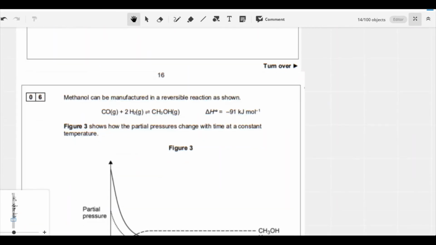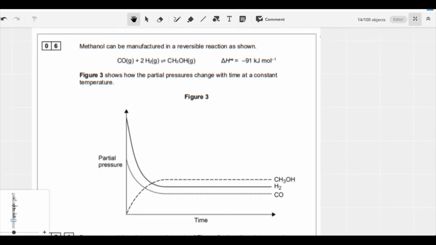Okay, now the next question is question number 3. Methanol can be manufactured in a reversible reaction as shown. You can see the equation is given, and there is a double-headed arrow, which means it will be in equilibrium state. It shows a partial pressure change with time at a constant temperature.